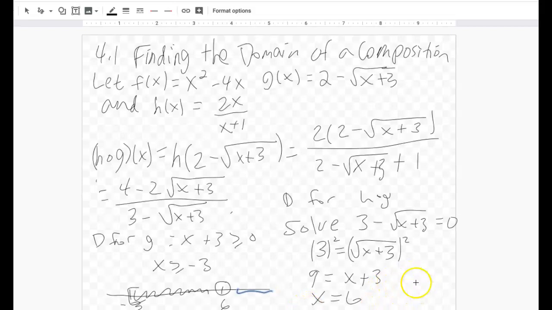So the domain for the composition is going to be negative 3 to 6, open, union, open, 6 to infinity. So what this is telling us is that any number between negative 3 and 6, including negative 3, can be plugged in for x, and everything greater than 6 can be plugged in for x.